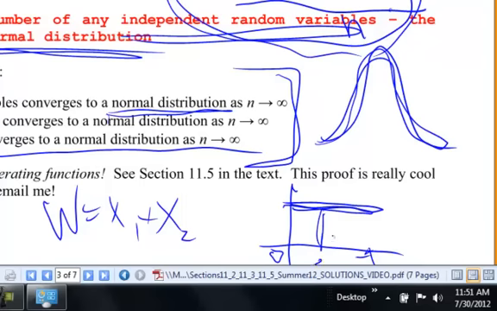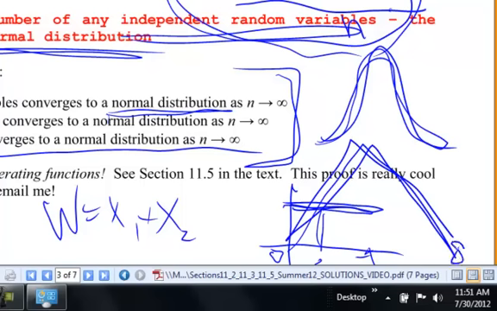So when you add 2 of them together, you get a triangular shape. The extremes are least likely because you would need 2 zeros or 2 4s to get them, but think of all the ways you could add on both sides of 2 and get a number that adds up to 4. So 2 uniforms give you a triangular.